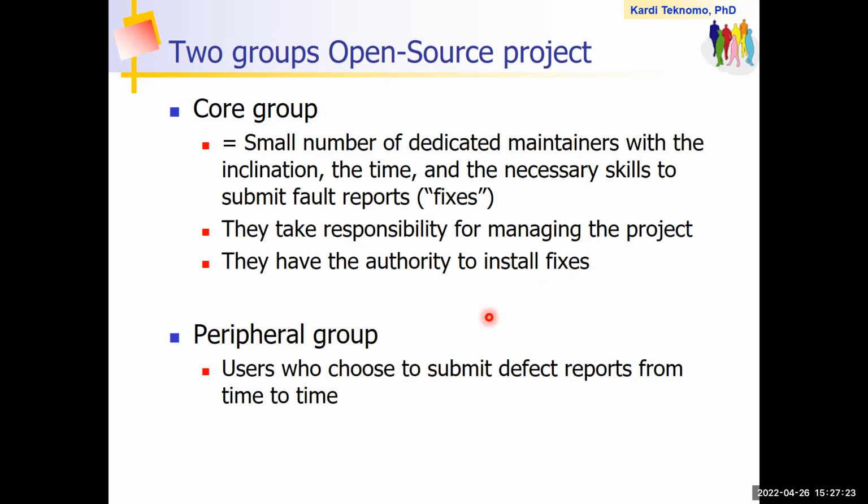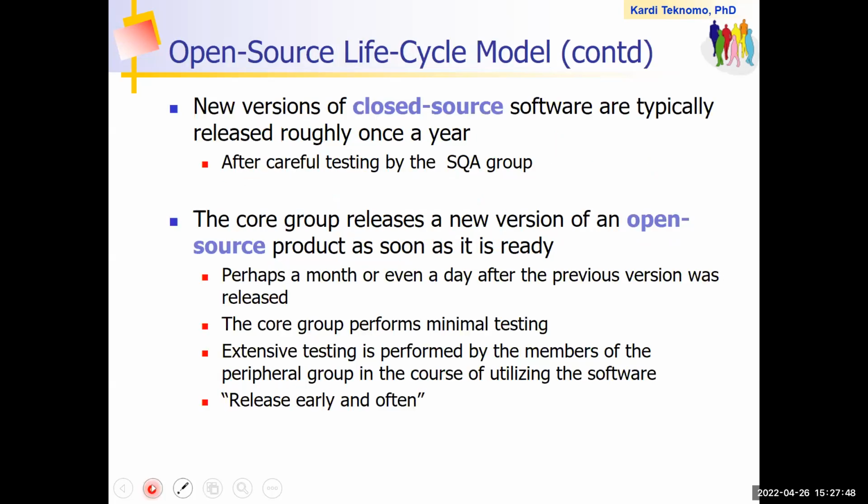And the second group, which is very big, is the one who uses the software and chooses to submit defect reports from time to time. So this is the advantage of open source, which is not enjoyed by rapid prototyping or code and fix earlier. Can you see that?